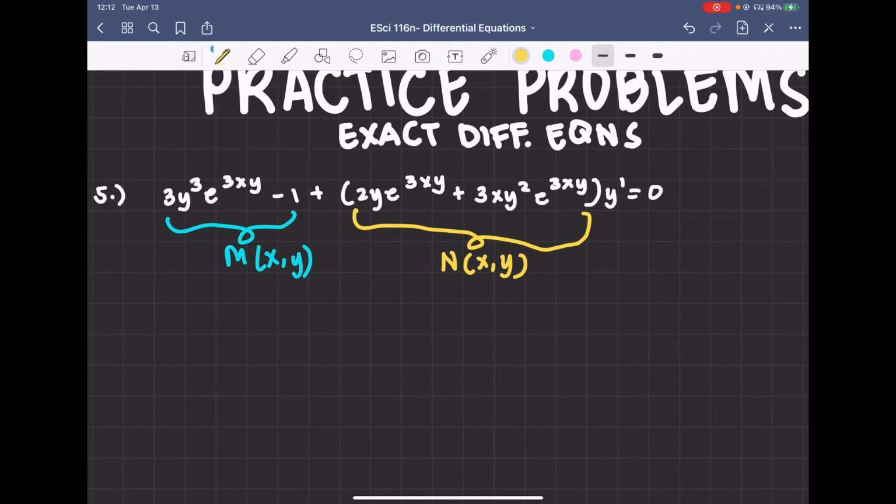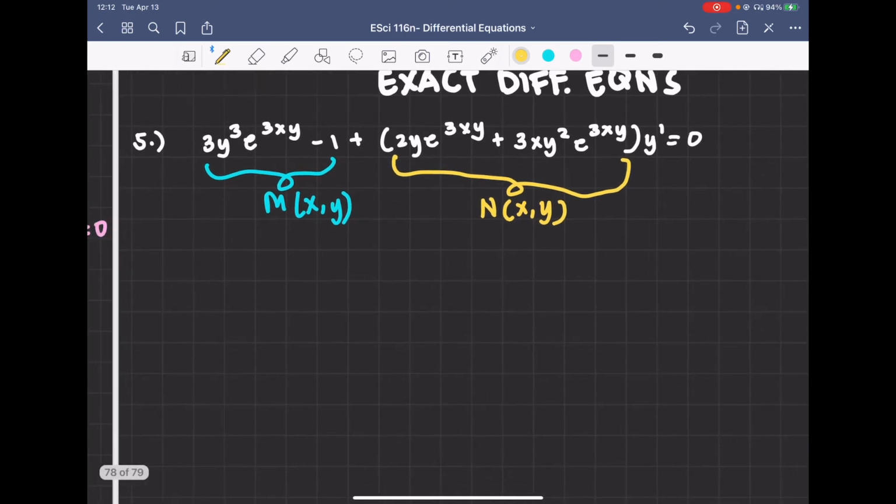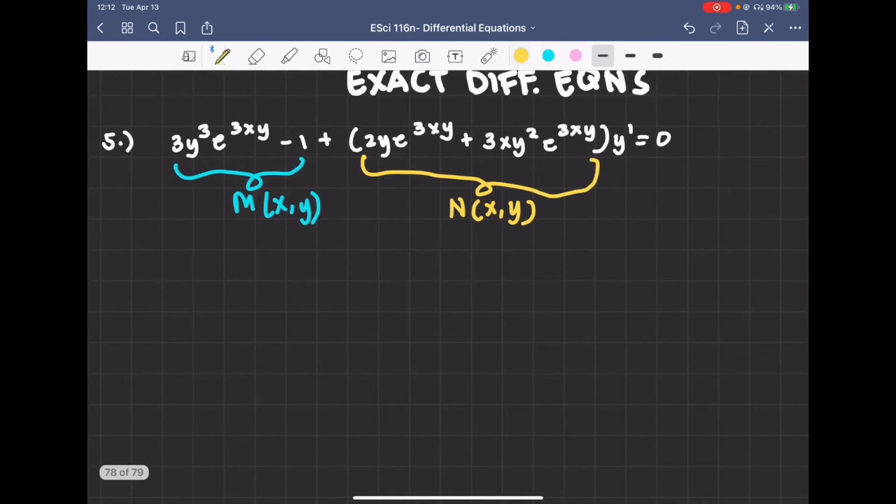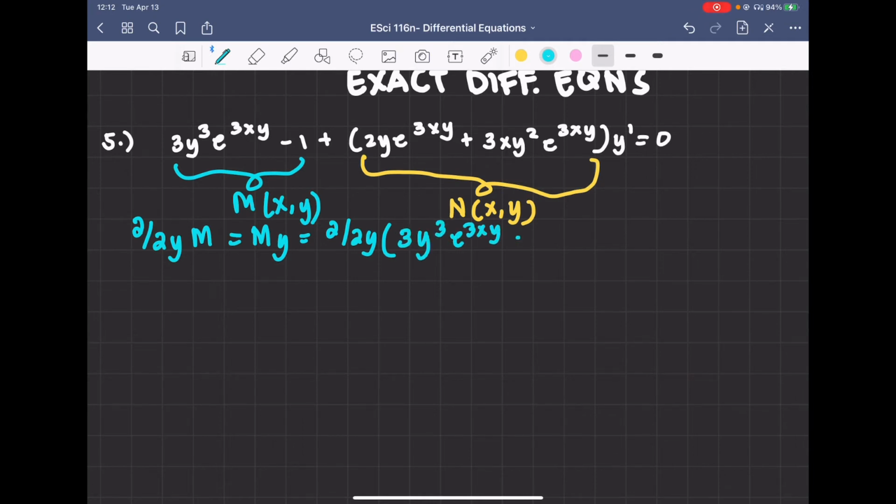Now again, we need to first verify if this is indeed an exact differential equation. So you guys already know what to do. We need to find the partial derivative of m with respect to y, or my. And that is 3y cubed times e to the 3xy minus 1.